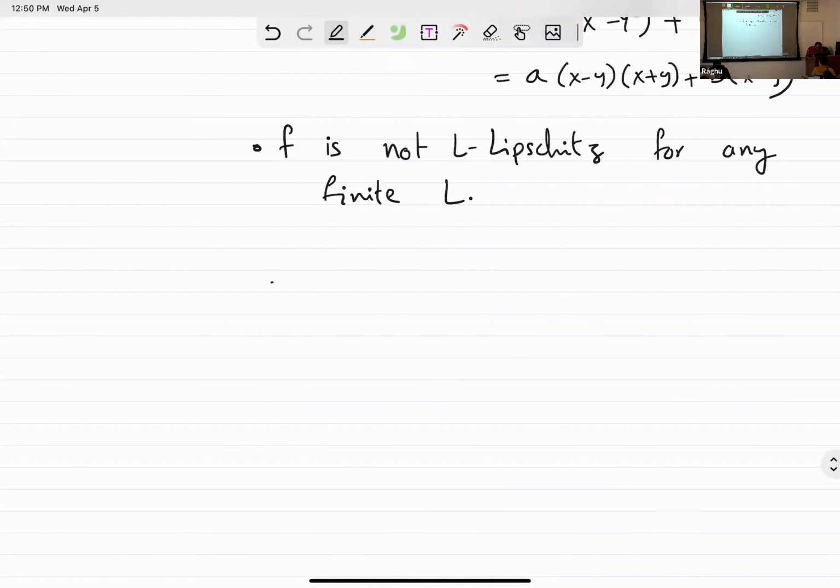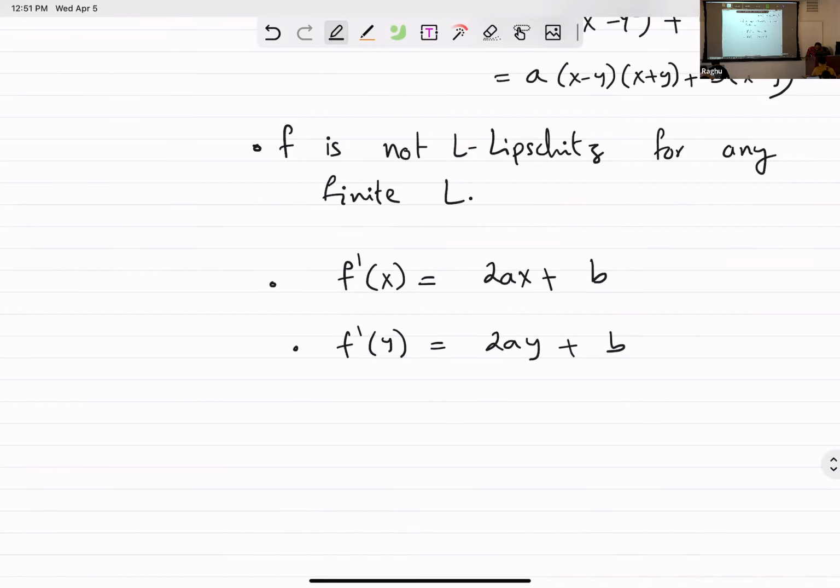So what's the advantage? If you look at f prime of x, what did we say it was? It is 2ax plus b. If I take another point y, then the gradient is 2ay plus b. So what is the difference in the gradients?